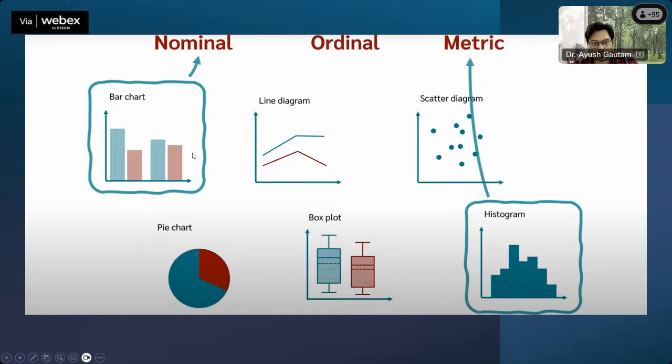If the data given to you is nominal, you cannot make histograms or a heat map. You can only make the bar chart if the nominal data is given.